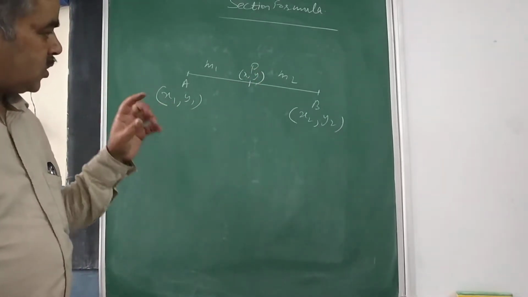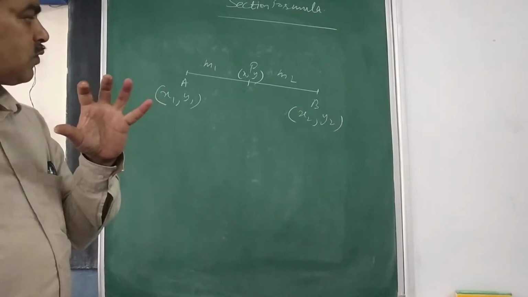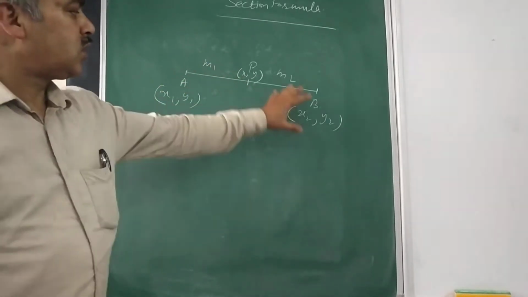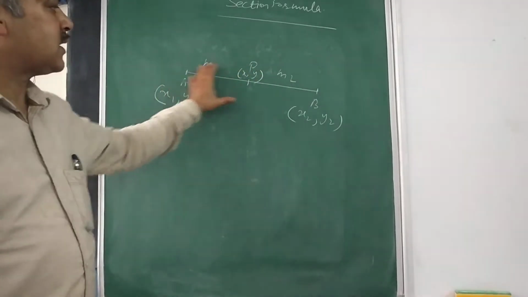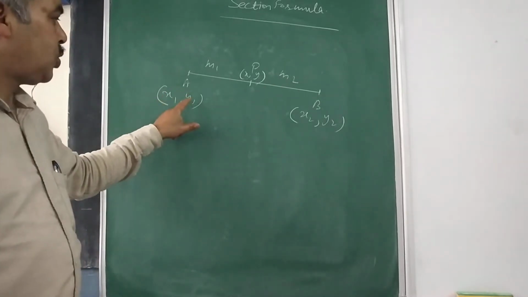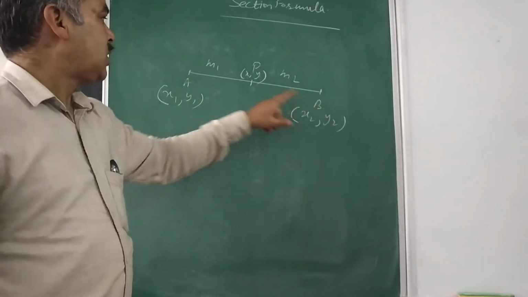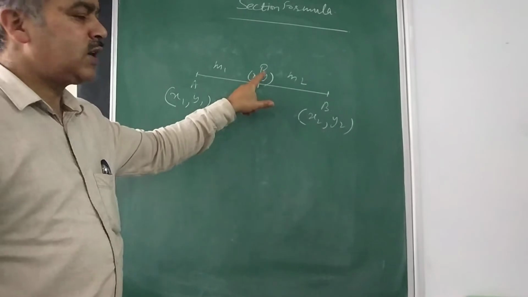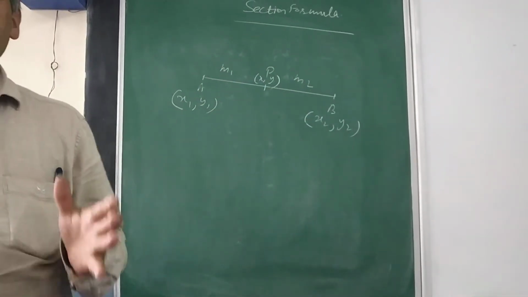Now count the number of variables I am using here in this diagram: 1, 2, 3, 4, 5, 6, 7, 8. So 8 variables at a time.